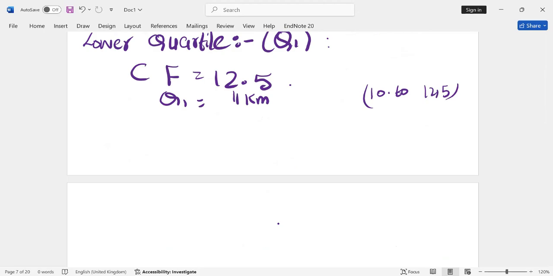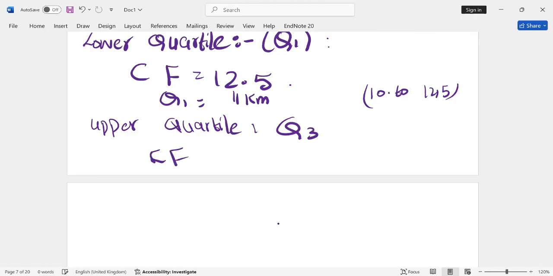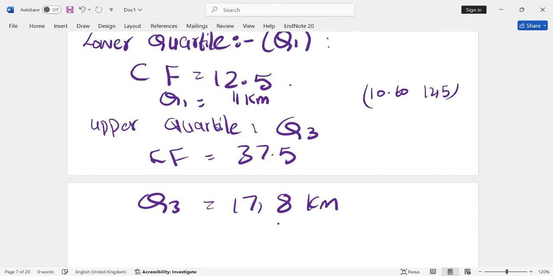All right, so the upper quartile, that is, we see that Q3, and CF we have equals to 37.5. All right, so we have the Q3 that is equals to 17.8 kilometer, and its range is from 17 to 19.